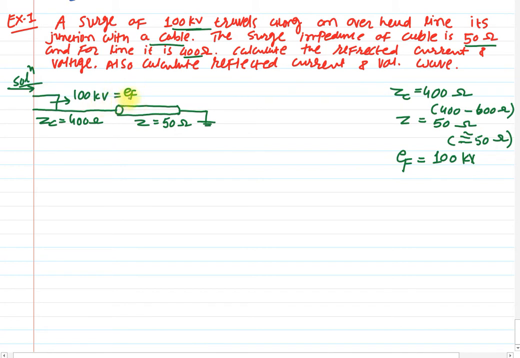For such a network, we have to calculate the rest of the parameters, which are ET, meaning the magnitude of the refracted voltage wave, IT, the magnitude of the refracted current wave, and the same way ER, the reflected voltage, and IR, the reflected current.